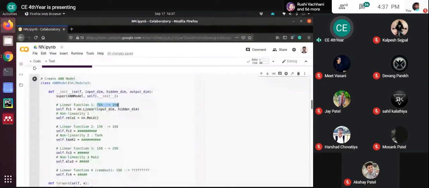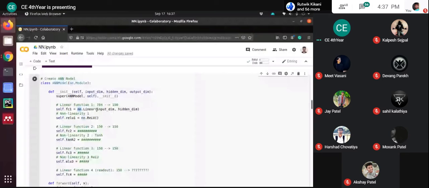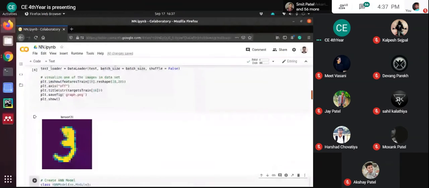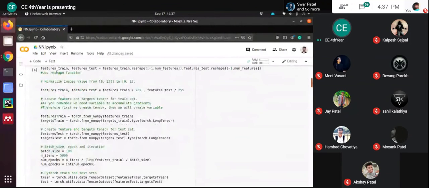So the first linear layer that we are going to inherit from this nn will have an input dimension. What is the size of that input dimension? Have you mentioned it above or is it below?